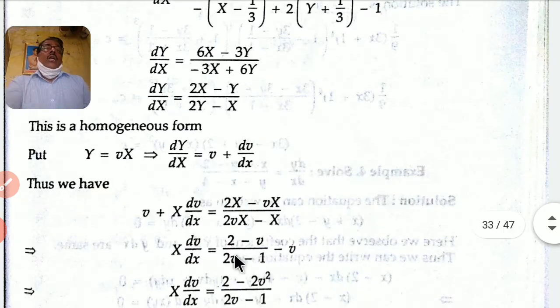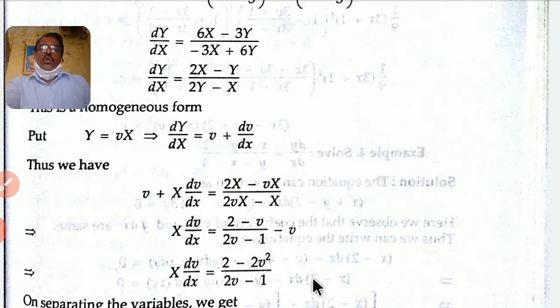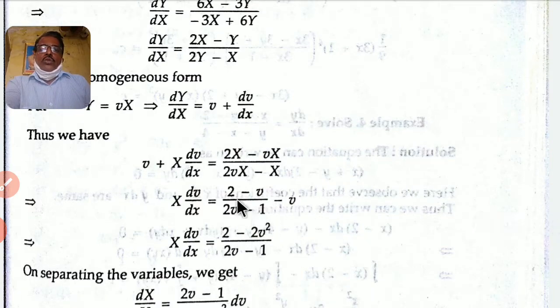Now we calculate x dv by dx from this. Taking x common in the numerator and the denominator, x gets cancelled, and we get 2 minus v divided by 2v minus 1, minus v. Taking the LCM 2v minus 1, we get 2v square minus v, and minus minus becomes plus, so plus v minus v get cancelled.